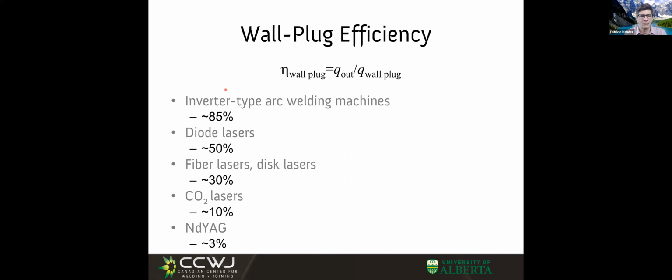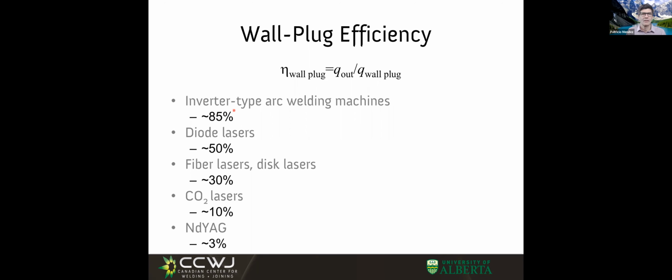And this is the last slide that we discussed last class. We talked about something called weld plug efficiency, which is how much power comes out of my welding machine compared with how much I took from the electrical grid. For example, a modern inverter-type arc welding machine is more or less 85%.